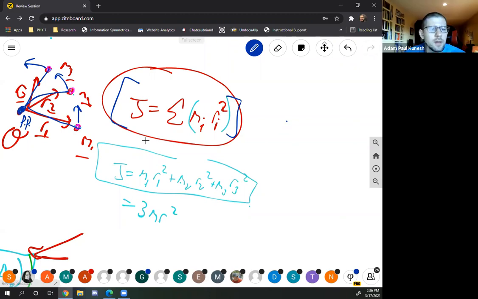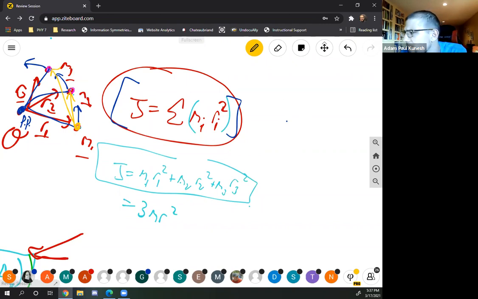Thanks for the question. Natasha asks, if we move the pivot point to one of the masses, how would that change I? So if I rotate around one of the masses instead, overall it's going to decrease my I, as my guess, but I don't actually know that for sure. So now I have these r's instead, and I redo my calculation.